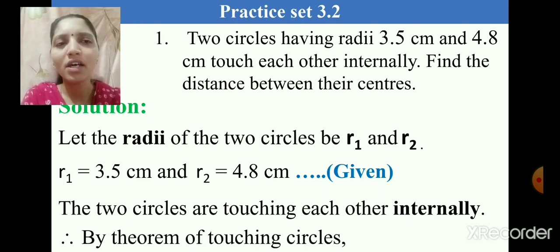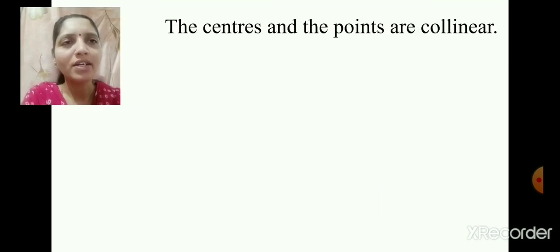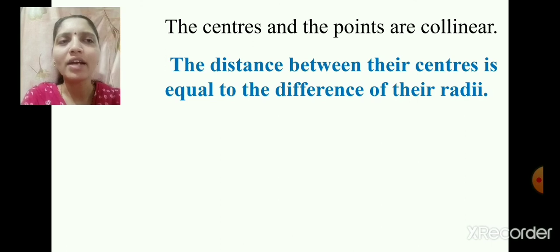Therefore, by the theorem of touching circles, the centers and the point of contact are collinear. Then the distance between their centers is equal to the difference of their radii.